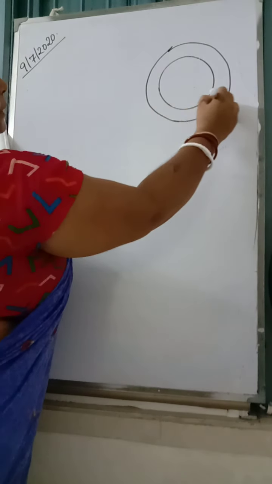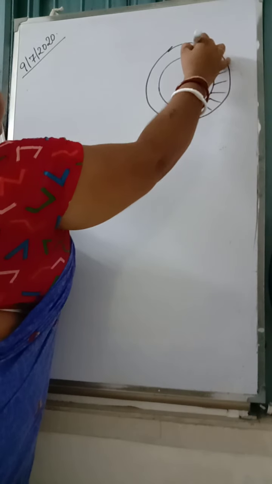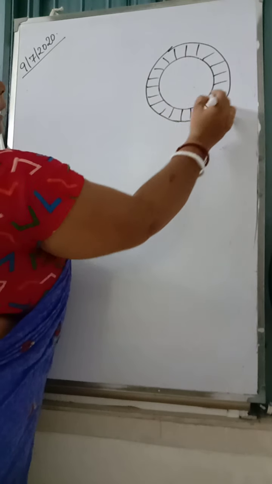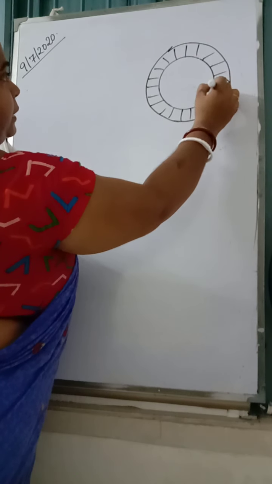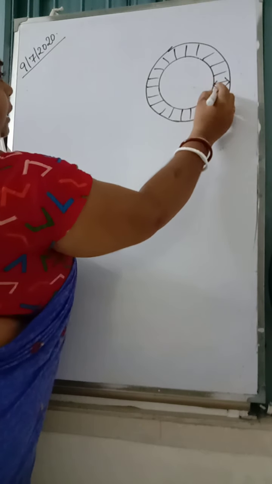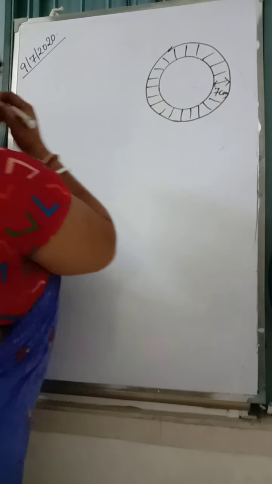Just you see, I have constructed the circle. This is a path. And this width is 7 centimeter. Just you see, this width is 7 centimeter.